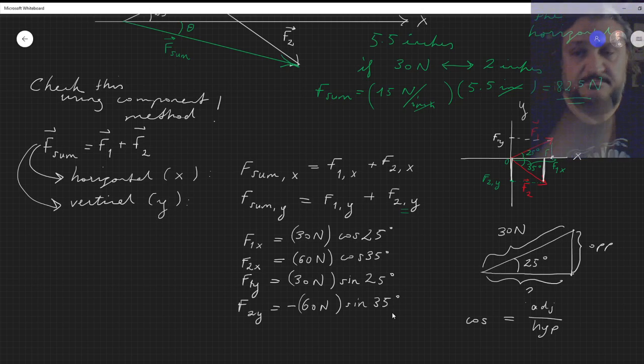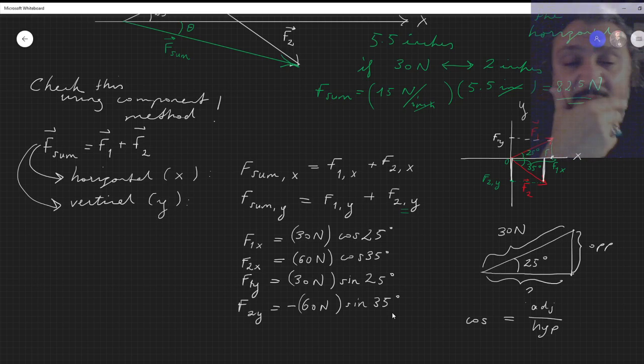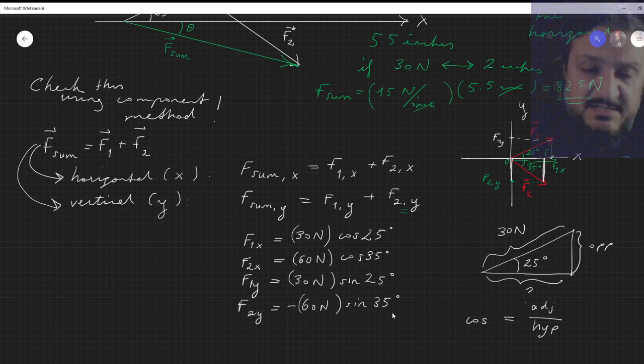All right? Now, this is the easiest way. It's not the only way. Maybe I should show the alternative methods, which will give you the same answer, in a different problem. Let's just take these four numbers and plug them into the equations above.